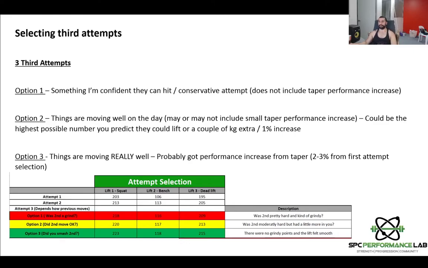So I perceived, you know what, by this time round, they can maybe do about a 220 if they grinded it out. And then 223 is if they just had an absolute awesome day. They were feeling really good, the taper worked really well, and they got a few percent increase from that.